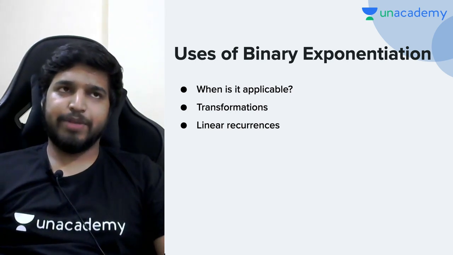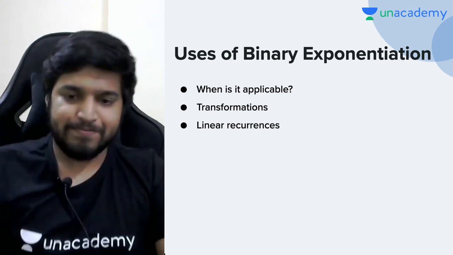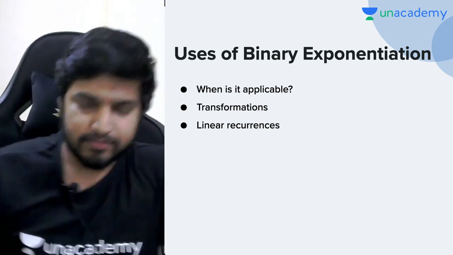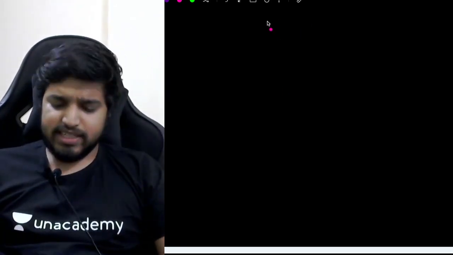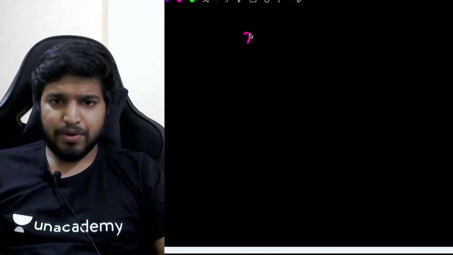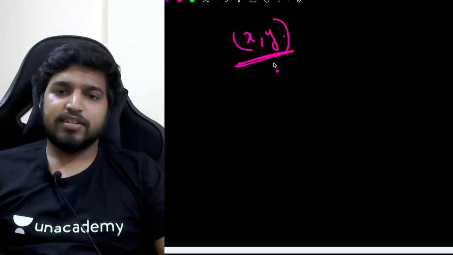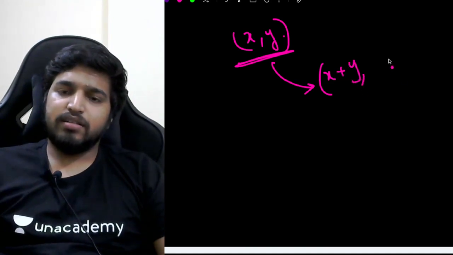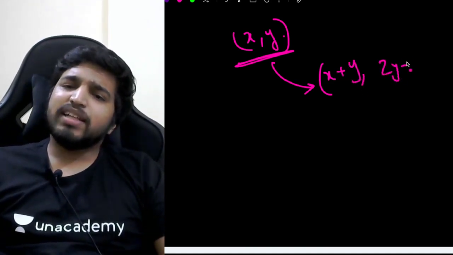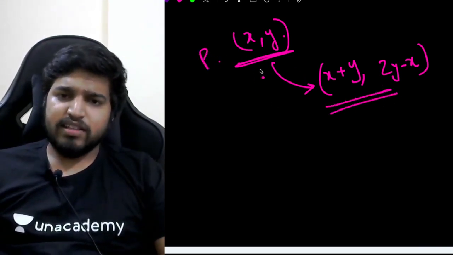It's more about what do matrices mean? So let's say we're trying to move the point x comma y. The transformation of this point is, say, something like x plus y, comma 2y minus x. You're doing this transformation. This is one transformation.